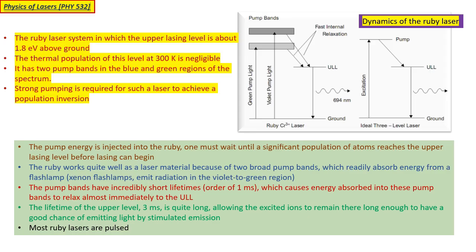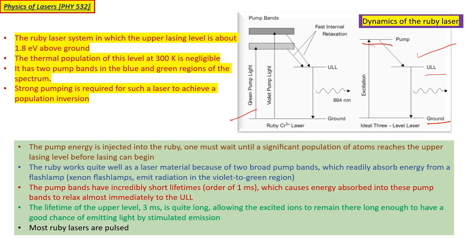laser, as you can see in the diagram here, and this is a 3-level lasing system. This is ULL, upper lasing level, this is the ground level, and this is the pump level here.